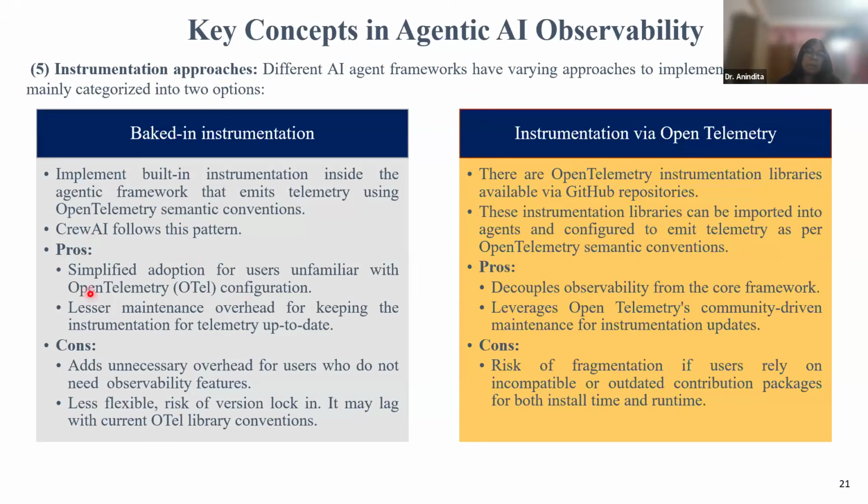The pros are simplified adoption for users familiar with OpenTelemetry configuration, but there are some cons also. In instrumentation via OpenTelemetry, where it is not baked in, instrumentation libraries from the outside can be imported into agents and configured to OpenTelemetry. It also has some pros and cons.